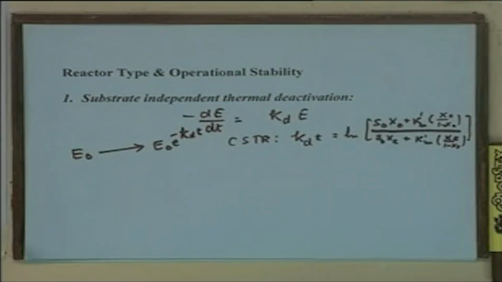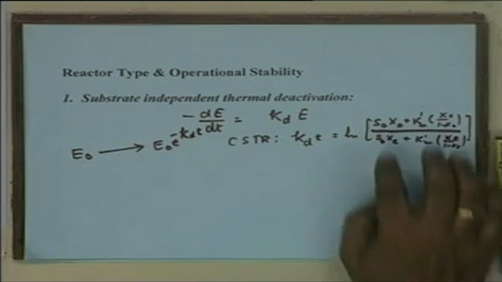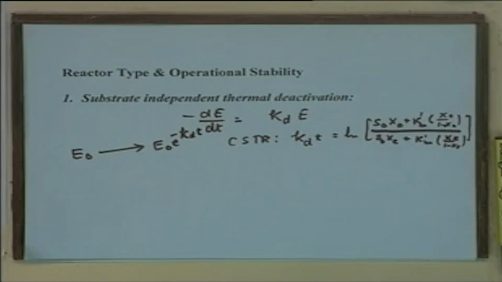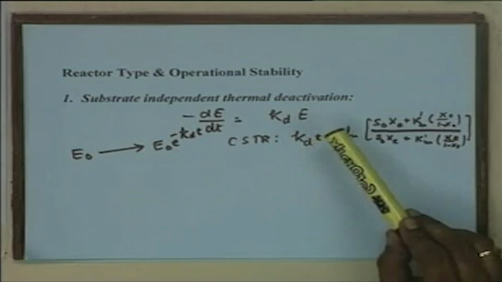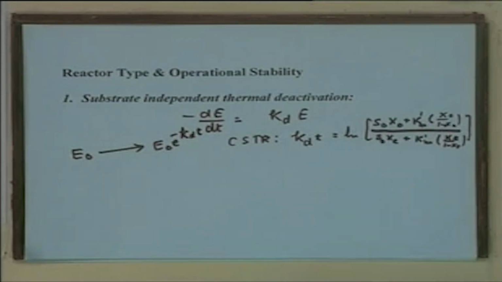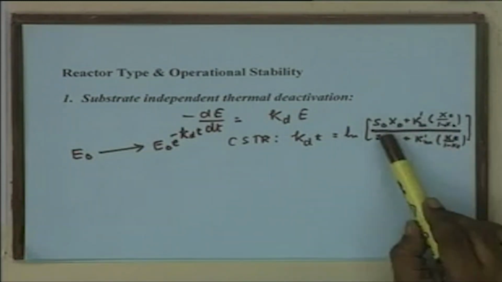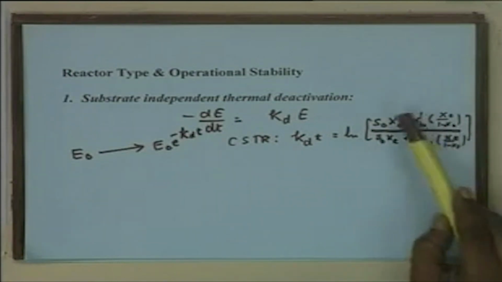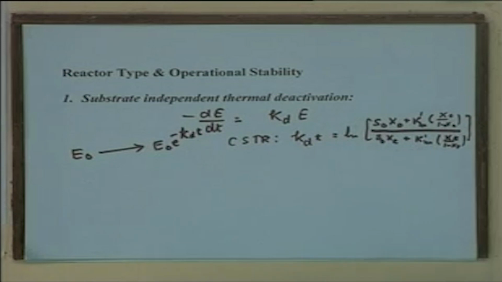Once the steady state has been achieved at time t equal to 0, the fractional conversion is x0, and after the elapse of time t, the fractional conversion declines as a result of enzyme deactivation to xt. The t in kd into t is the time of reactor operation, and it should not be confused with the space time. Space time is kept constant over the reactor operation over a period of time t, and only the fractional conversion declines from x0 to xt. This gives you the effect of operational stability on the reactor performance in CSTR.